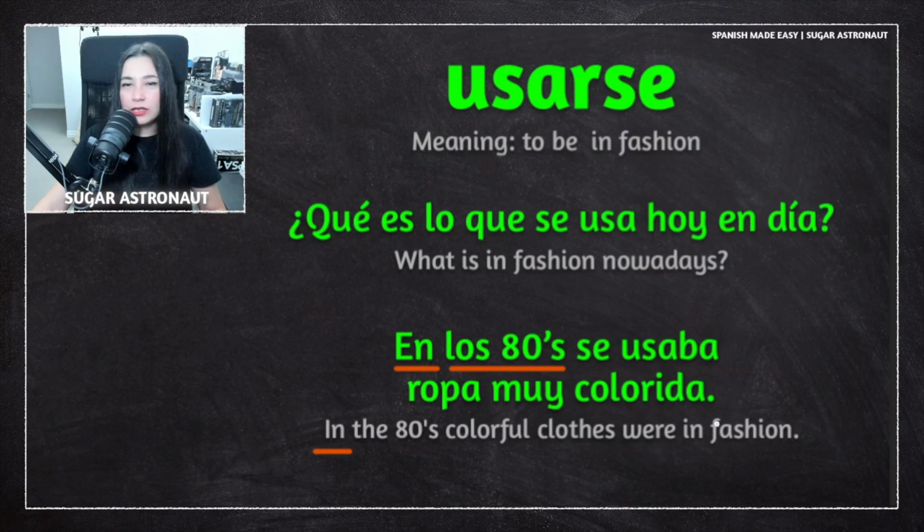When you're talking about decades, like the 90s, 80s, 70s, you say the number in Spanish and then just add an S, just like in English. En los 80s, en los 90s, en los 70s.